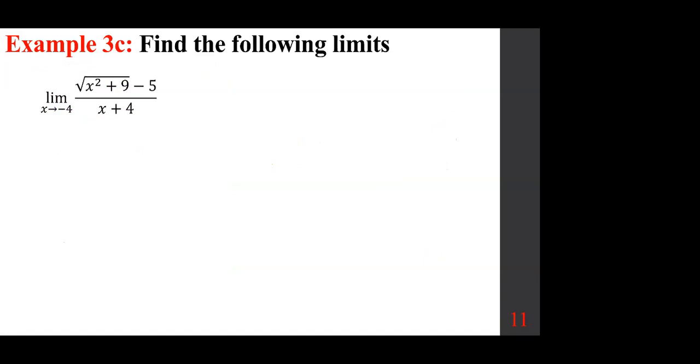Let's look at this example. Can you see what happens if you plug in -4, class? When you plug in -4, you get what? 0 over 0. Beautiful. We are going to multiply by the conjugate. That means -5 changes to +5. And we multiply the top as well as the bottom.